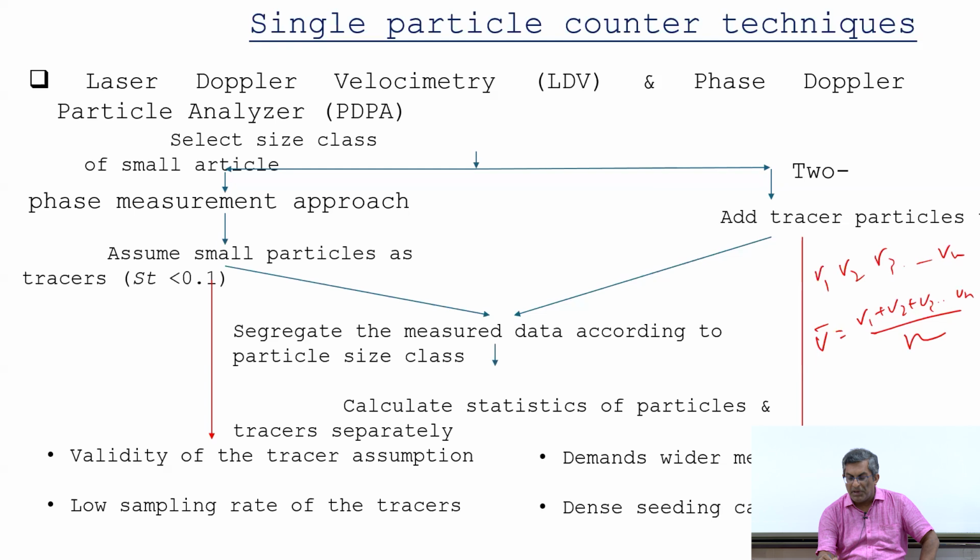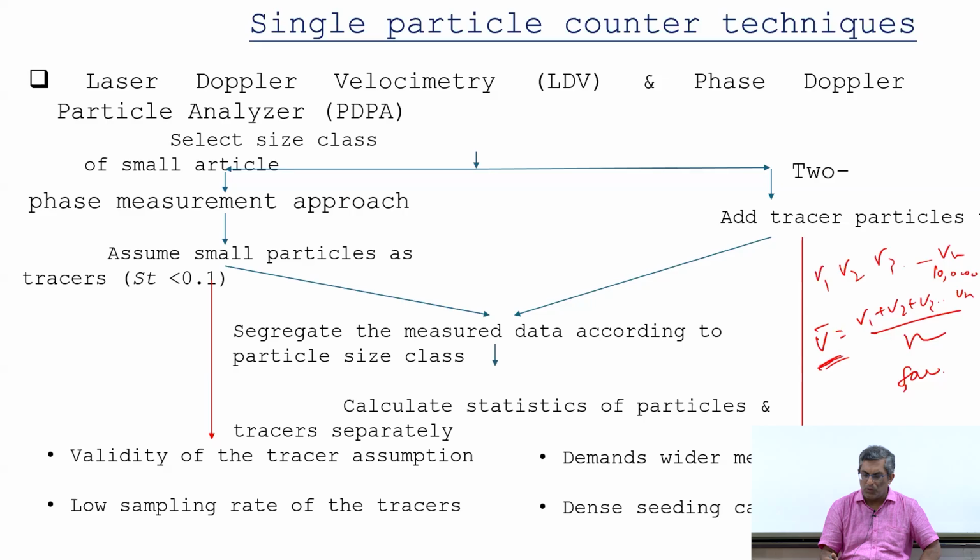However, you have to make sure that statistical convergence has been reached, which means that now let's say you collected 10,000 samples. Now if I throw out 2,000 samples and make it 8,000 samples, are you getting the same value of the mean within statistical uncertainty? So you have to ensure that this state is reached.